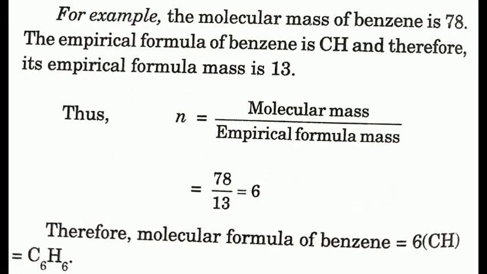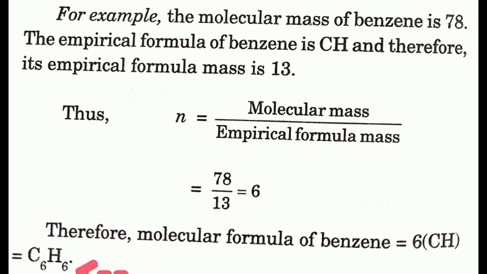For example, the molecular mass of benzene is 78 because its molecular formula is C6H6, and the empirical formula of benzene is CH, and therefore its empirical formula mass is only 13. So n is equal to molecular mass divided by empirical formula mass. It means for benzene it will become 78 divided by 13, which is equal to 6. Therefore the molecular formula of benzene is equal to 6 times CH, that is equal to C6H6.